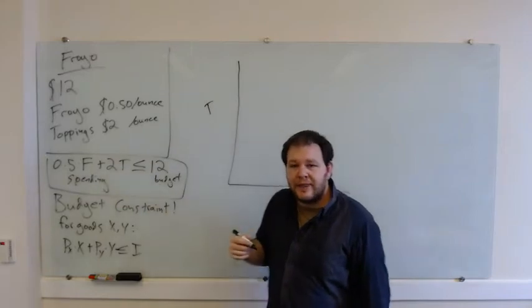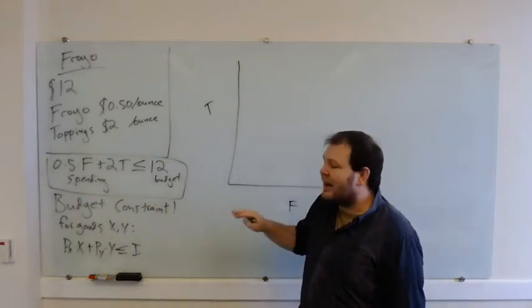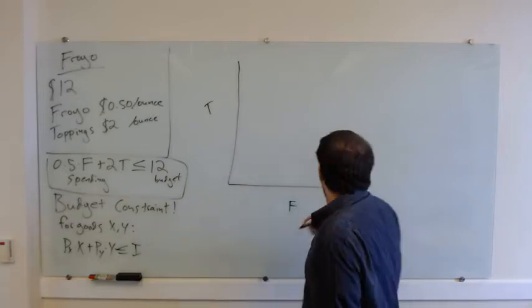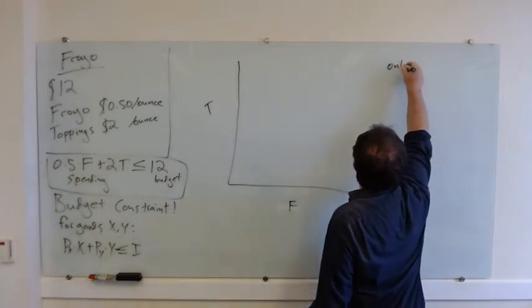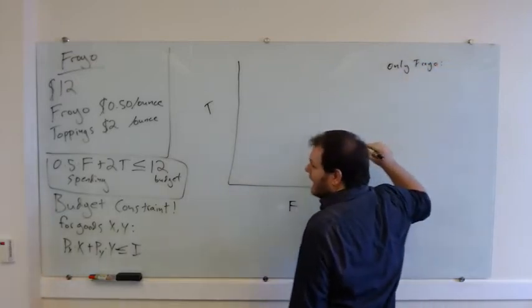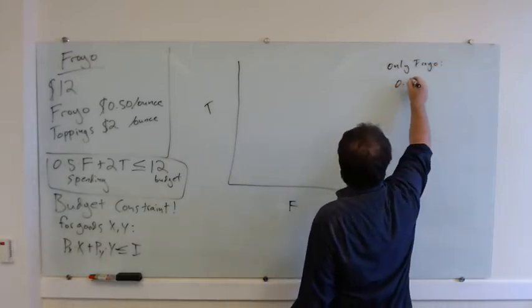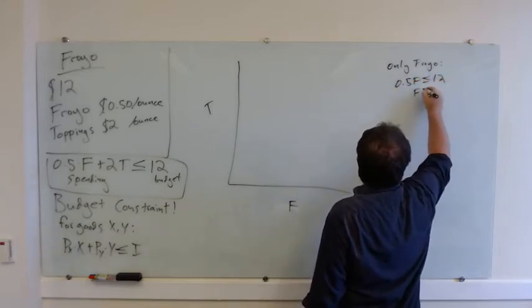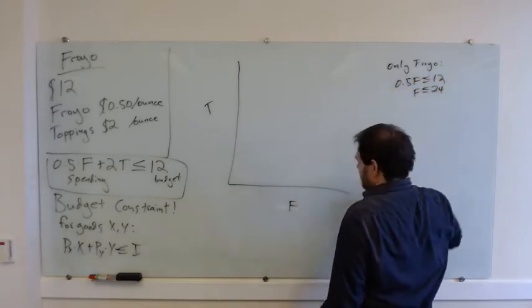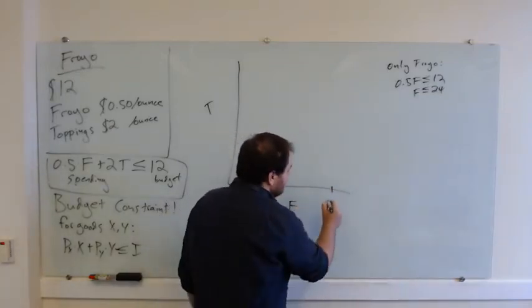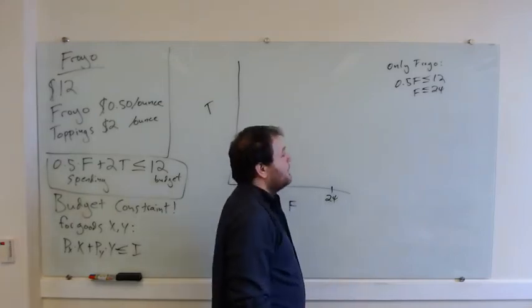Well, first of all, we could think about, let's say that we only bought froyo, right? How much froyo could we afford if we only bought froyo? Well, in that case, we would say 0.5F less than or equal to 12, right? F has to be less than or equal to 24. So the most we could afford, if we only bought froyo and had no toppings, would be 24 ounces of froyo.